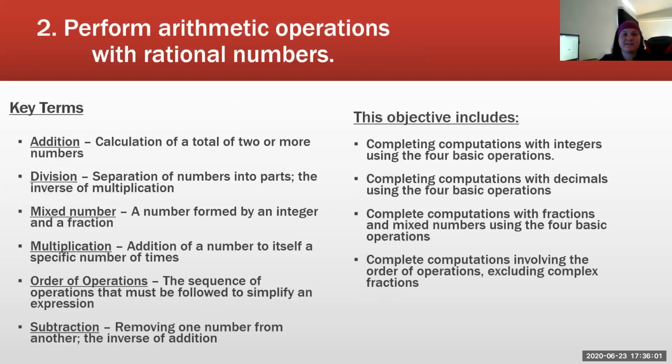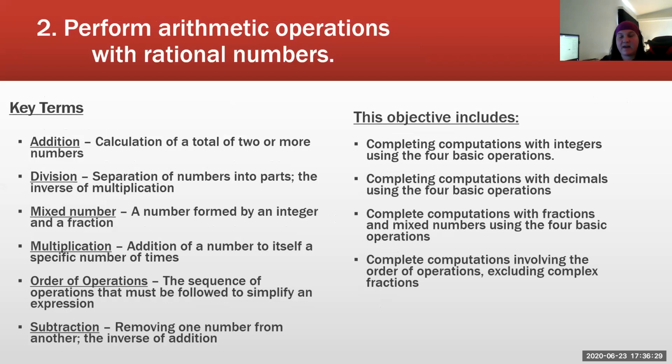Okay, perform arithmetic operations with rational numbers. This is our basic arithmetic: our addition, our subtraction, division, multiplication. A mixed number is formed by an integer and a fraction, so that's the whole number at the beginning and then a fraction. Order of operations is PEMDAS: the parentheses, exponents, multiplication, division, addition, subtraction.